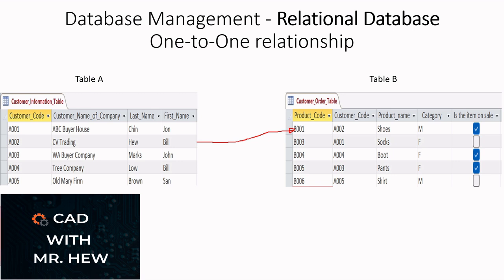And for the socks, which is B003, we have this organization buying this one, right? And for the boot, we have this organization buying the boot, right?